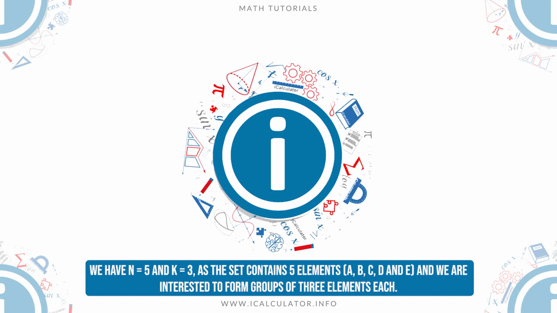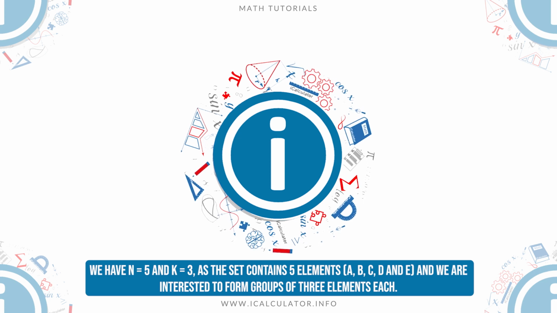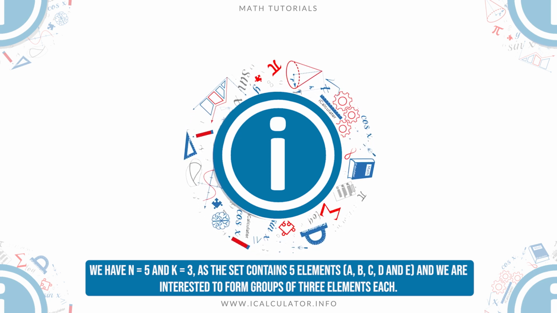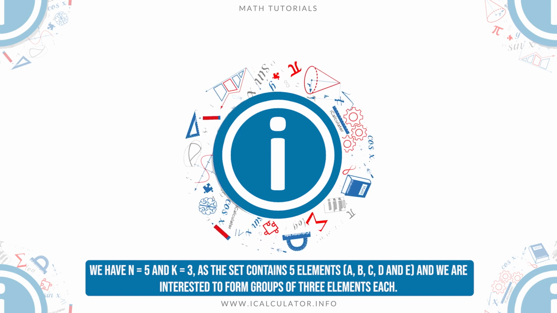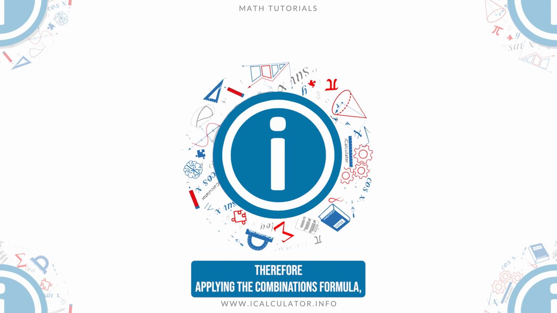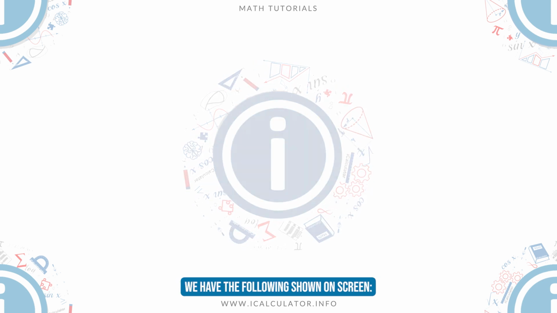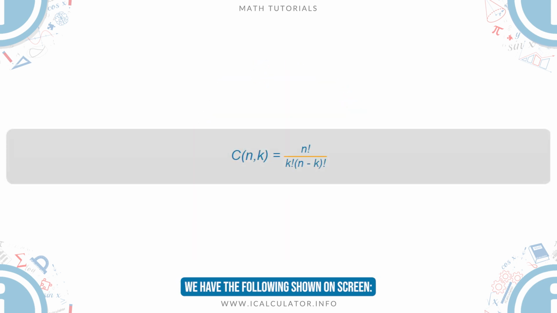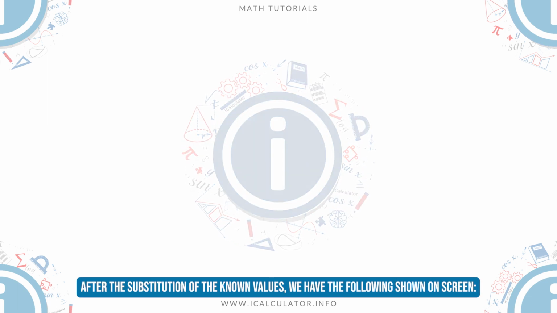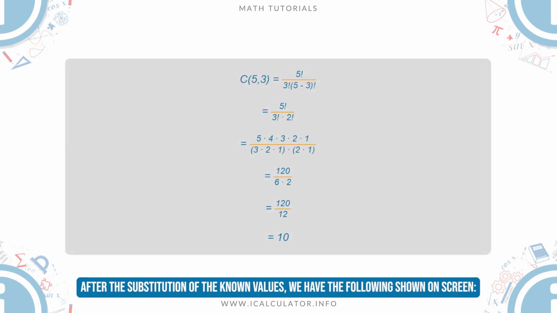We have n equals 5 and k equals 3, as the set contains 5 elements A, B, C, D and E, and we are interested in forming groups of 3 elements each. Therefore, applying the combinations formula, we have the following shown on screen. After the substitution of the known values, we have the following shown on screen.